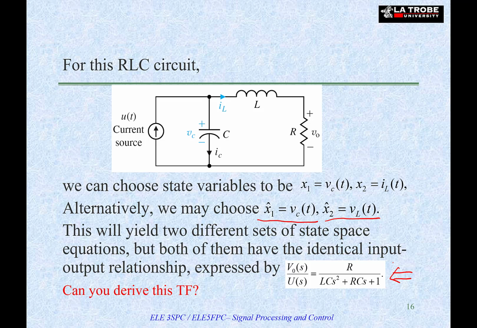The reason we have so many state variable models corresponding to the same system is because we can define different state variables. Once we have a different set of state variables, the state space representation will be different.